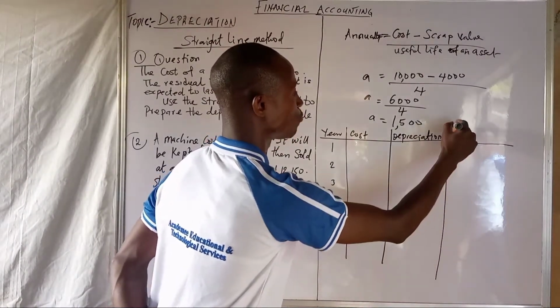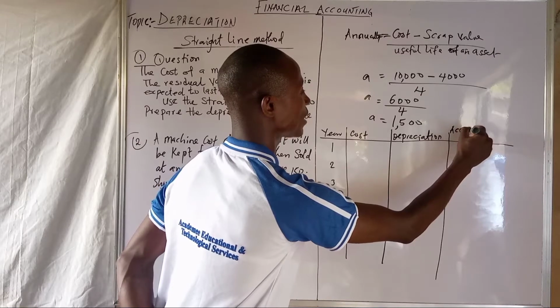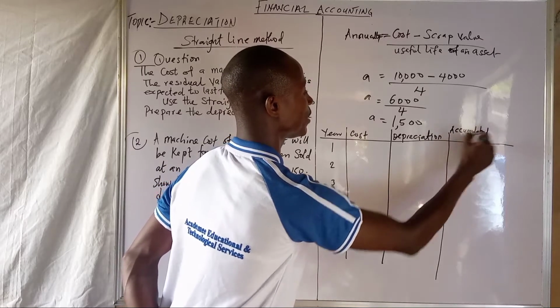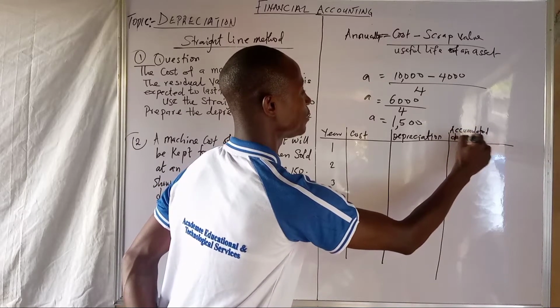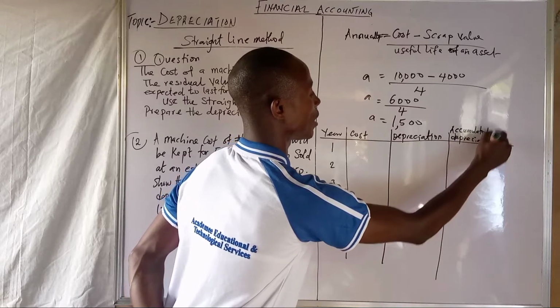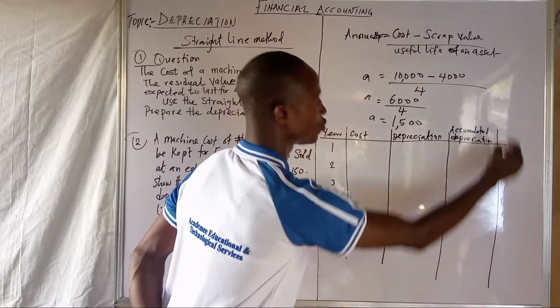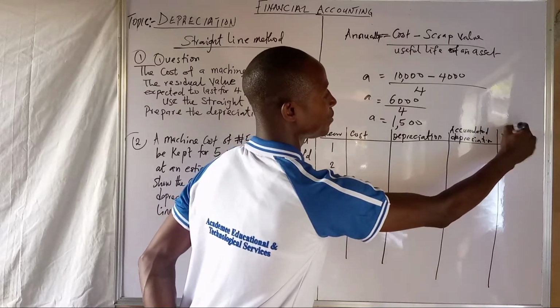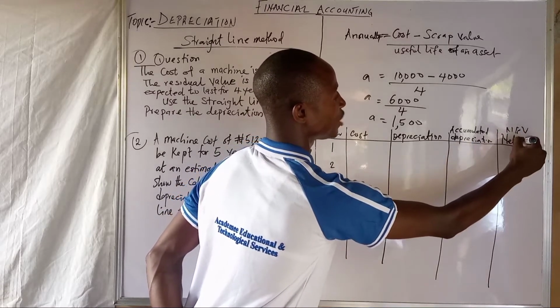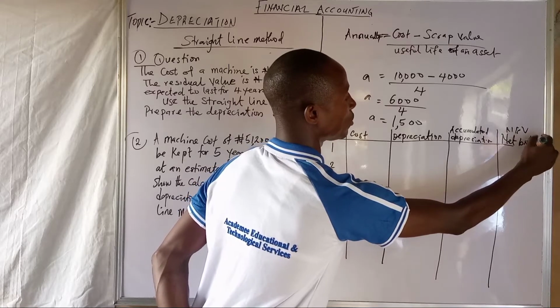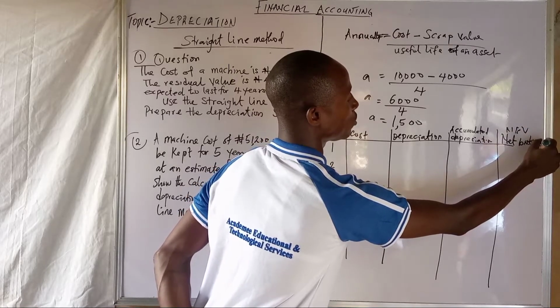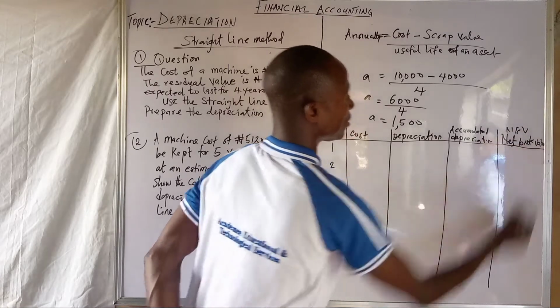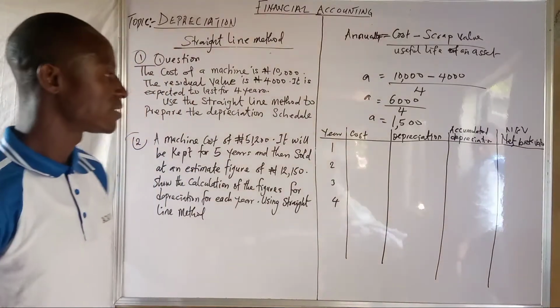Then we have the accumulated depreciation. Then we need to observe the net book value, which we call NBV.